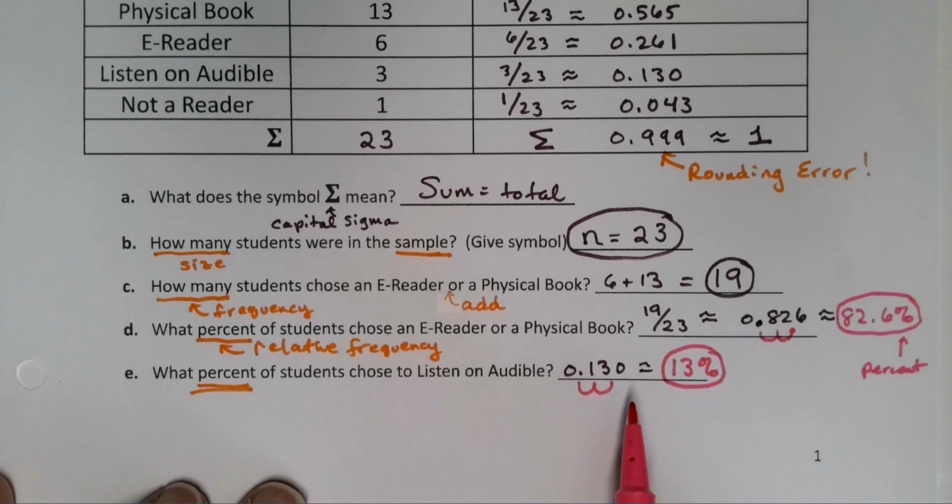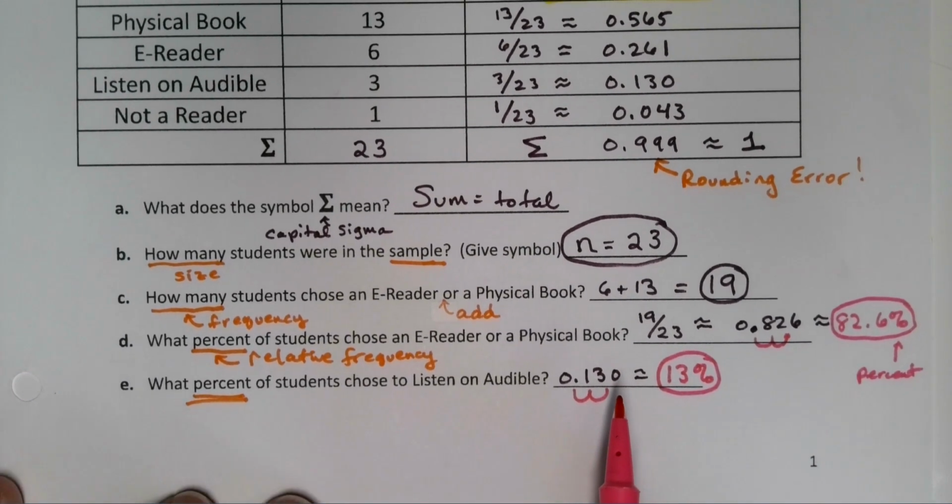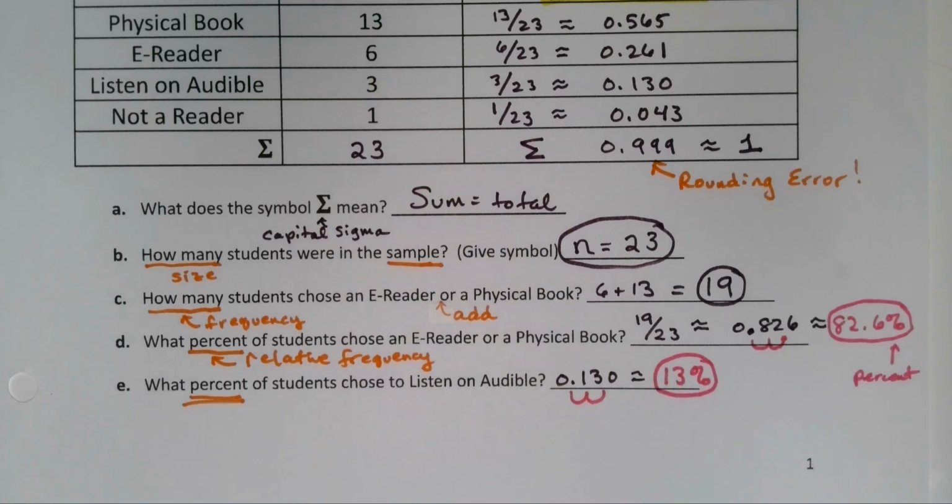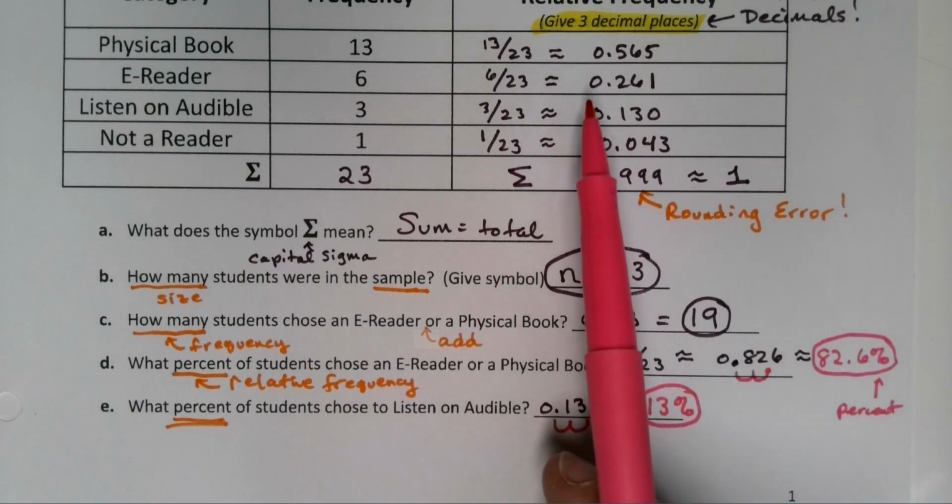Percents and decimals are very closely related, but they're not quite the same thing. Percents are actually more how we speak about numbers. They're not really what we use for mathematical formulas as a general rule, with one exception in this course. But as a general rule, decimals are more what we use for the actual math part, right? When we do the table, we come up with the decimals.